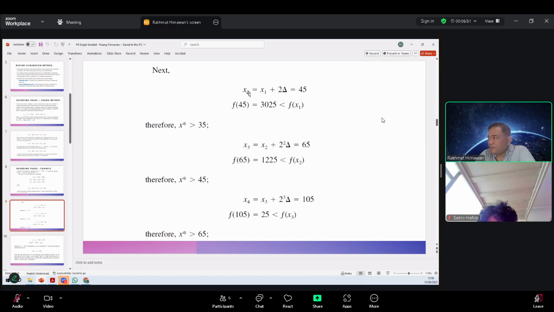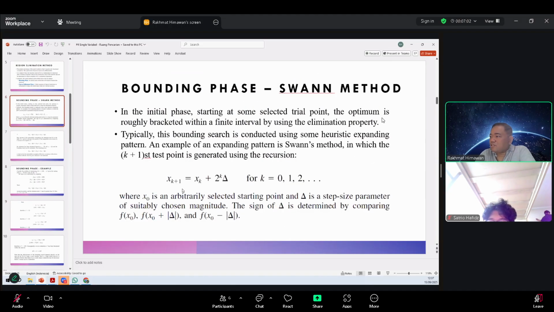What is x3 after we know x2? x3 is x2 plus 2 to the power of 2 sigma. How can we get this formula again? x3 is equal to x2, so the k now is 2.